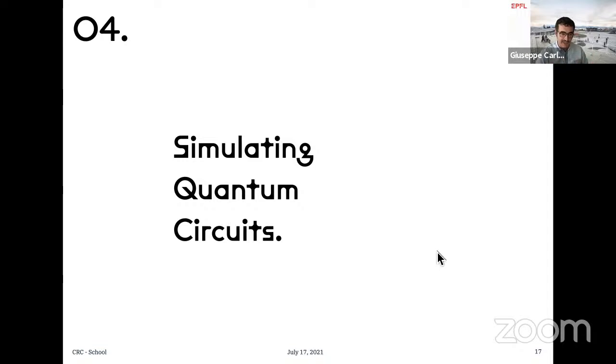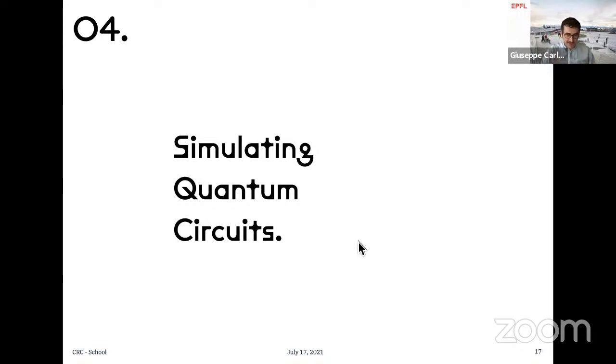The only difference is that your quantum numbers are continuous, so essentially the electronic positions, instead of being discrete like for spins.